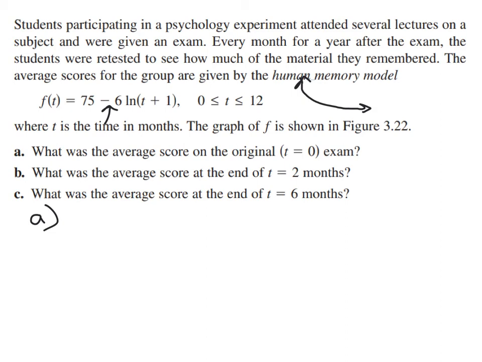Okay, so that's actually what you would expect to see, that if you were to measure your skills after a course, they'd be pretty sharp, and you have a lot of that information right when it ends. And then as time goes on, you'd probably lose some of them pretty quickly, but then it would slow down. And then you'd have the knowledge and skills that you're going to hang on to long term, right?